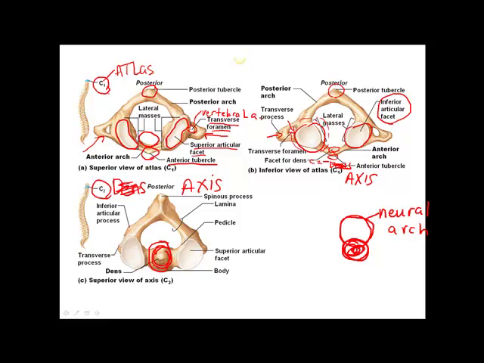So this facet right here will accommodate the facet that's going to be right here. Okay? And then when this is in here, there'll be a big strong ligament behind it to hold it in place so that your head doesn't fall off your spine.